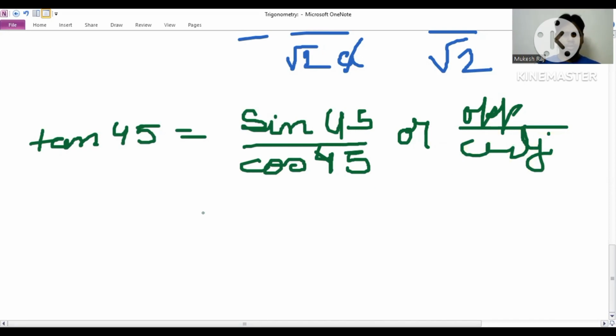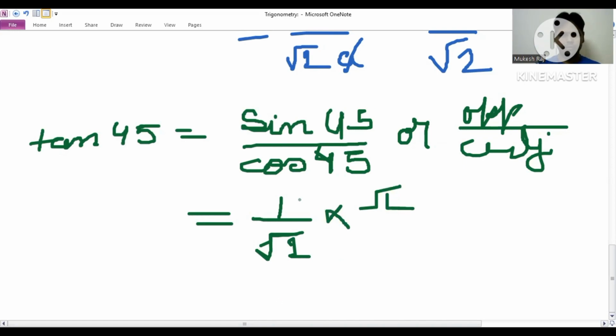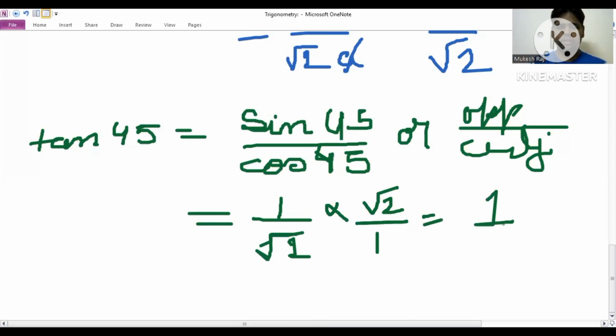So putting the values, 1 upon root 2 into root 2 upon 1. So this will give you a value equal to 1.